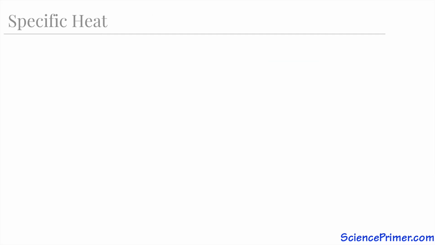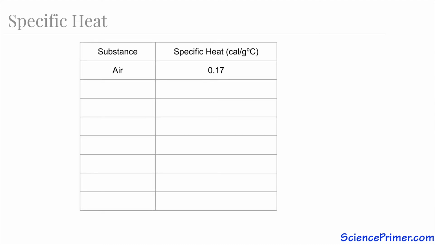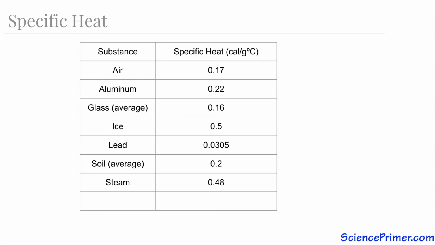The specific heat of other materials can also be calculated. Here are the specific heats of some representative materials. Air has a specific heat of 0.17, aluminum 0.22, glass 0.16, ice we've already seen with a value of 0.5, lead much less than 0.1, soil 0.2, steam again at 0.48, and finally water by definition, with its value of 1 calorie per gram degree Celsius.